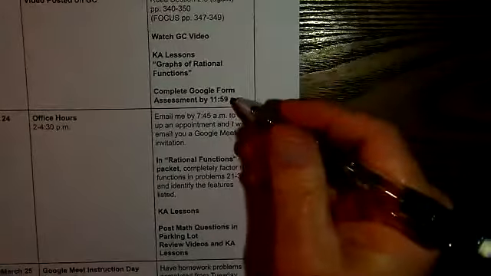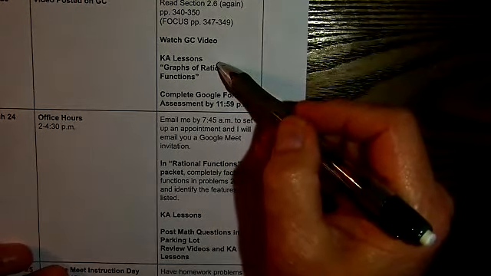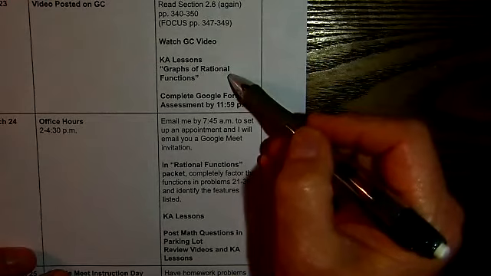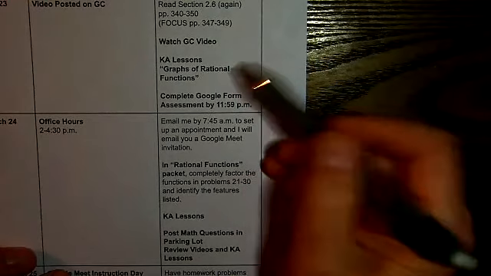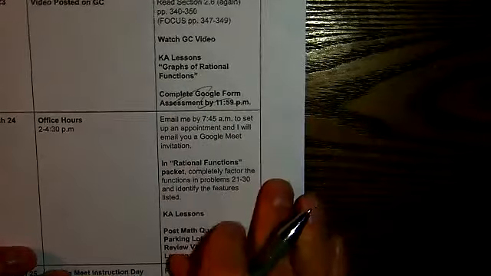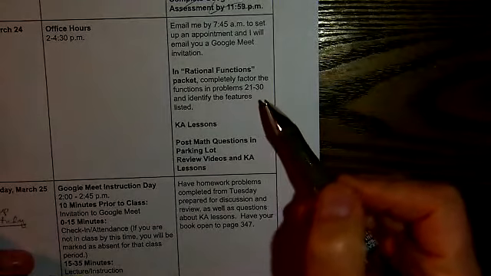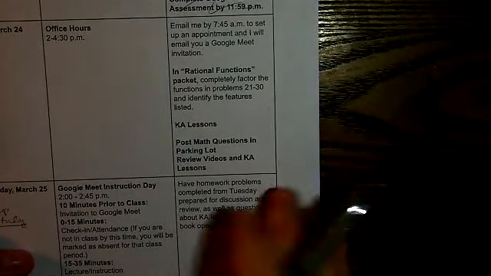Okay, on your lessons, you will see in Google Classroom, there are 4 videos and 1 exercise set under the title of Graphs of Rational Functions. Okay, your Google form assessment, you guys have already done, so this is already done. Okay, in the rational functions packet, as I just mentioned, factor these functions and identify the features.